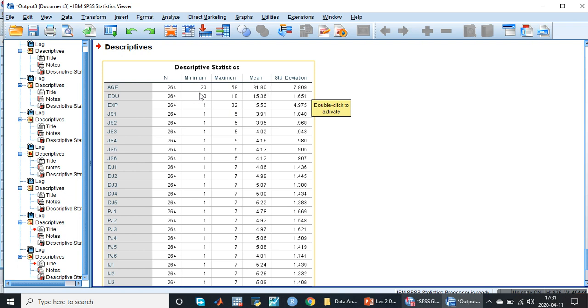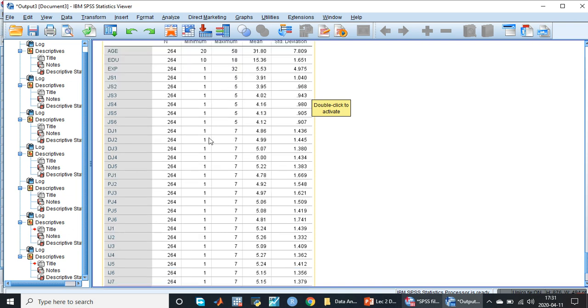The minimum education of those who filled your questionnaire was 10, and the maximum education was 18 years. The minimum experience was 1, and the maximum experience was 32. Just like these are the responses.